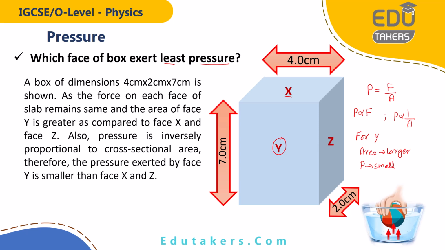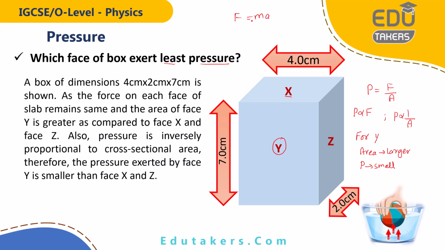Next, we also have to see the force because pressure depends upon two factors, the area and the force. First of all, you know that the force from each face remains the same. It is because the force depends upon the mass. The mass of this box is not changing. According to the second law of motion, F is equal to ma.